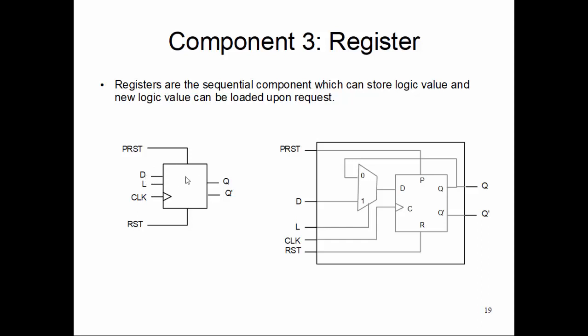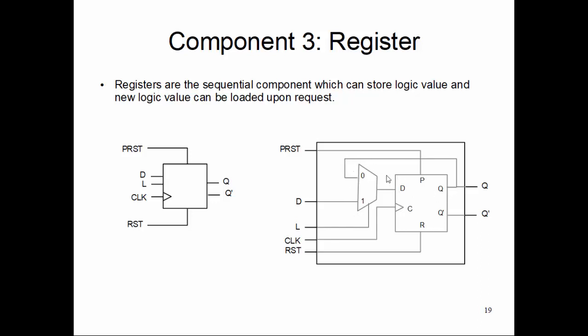So how is it implemented? It is implemented using a 2x1 1-bit multiplexer. Here we use a D flip-flop, which has preset, reset, clock, Q, and D, and then we include a mux on that.